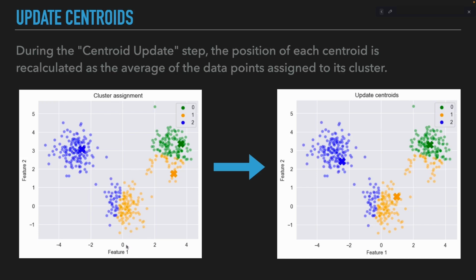We will do this by calculating the average value of feature 1 for all the yellow data points, and the average value of feature 2 for all the data points, and we would use this as our new centroid. And we will do the same thing for this green cluster and for this blue cluster. And here is the result. You can see that the yellow centroid is inside of this area right here.